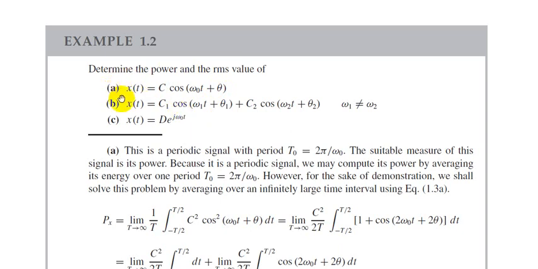For example, in equation A, we have x of t equals C cos of omega naught t plus theta. So how do we determine the power of this function?